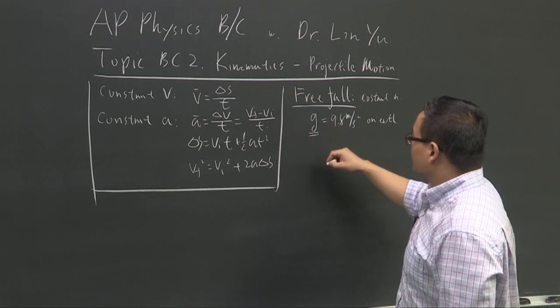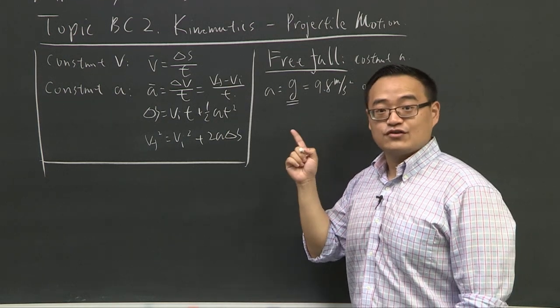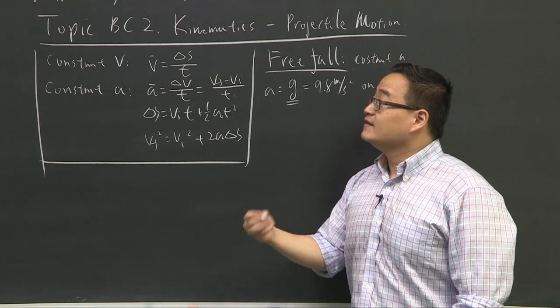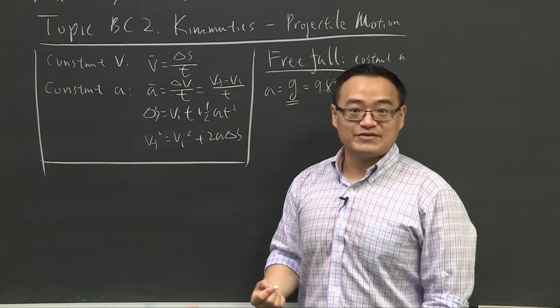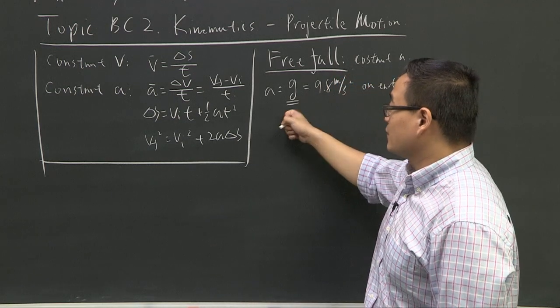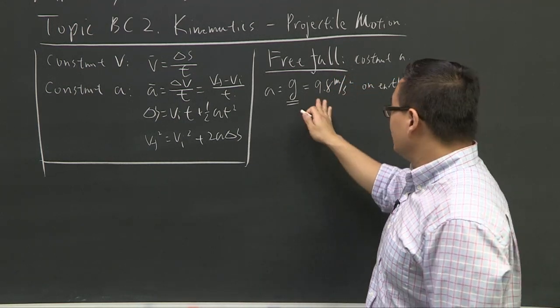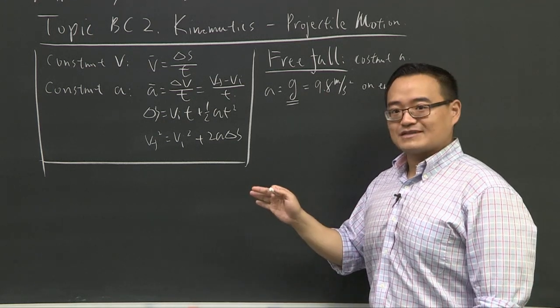This acceleration changes when you go to a different planet because gravity is different, and in subsequent topics we'll discover forces, we'll talk about planetary motions, and we'll discover why this is different. But on Earth, it's a constant, at least close enough to the surface. It's 9.8 meters per second squared on Earth. On the Moon, slightly less.